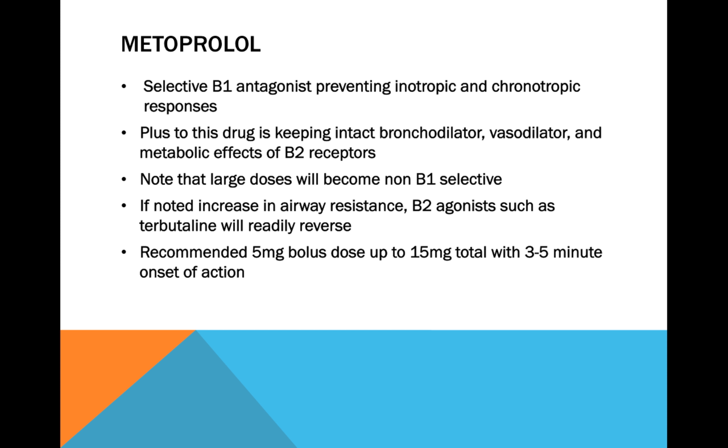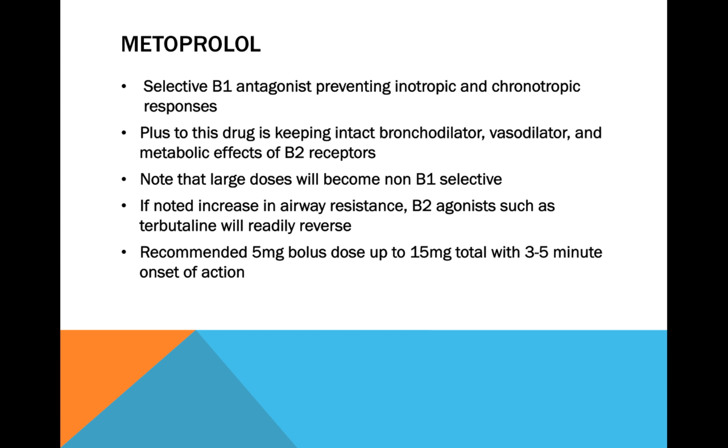So, metoprolol. This is a selective beta 1 antagonist which prevents inotropic and chronotropic responses. Plus, this drug is keeping intact the bronchodilator, vasodilator, and metabolic effects of beta 2 receptors.